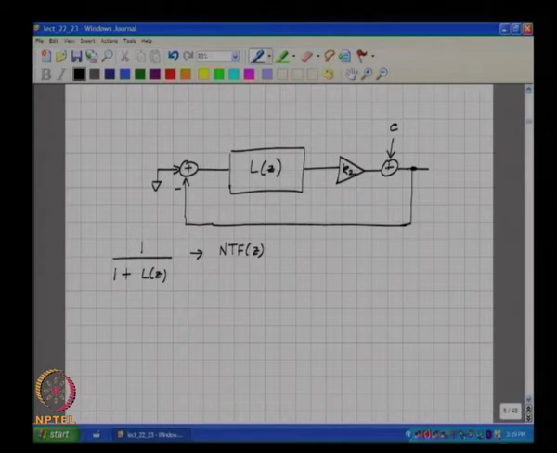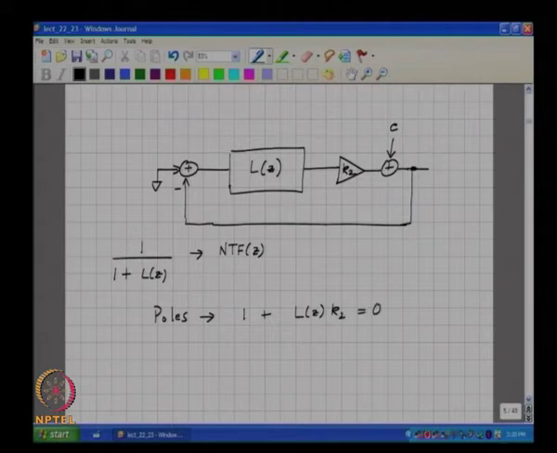So the poles of this loop are given by the roots of what equation? 1 plus L of Z times K2 equal to 0.